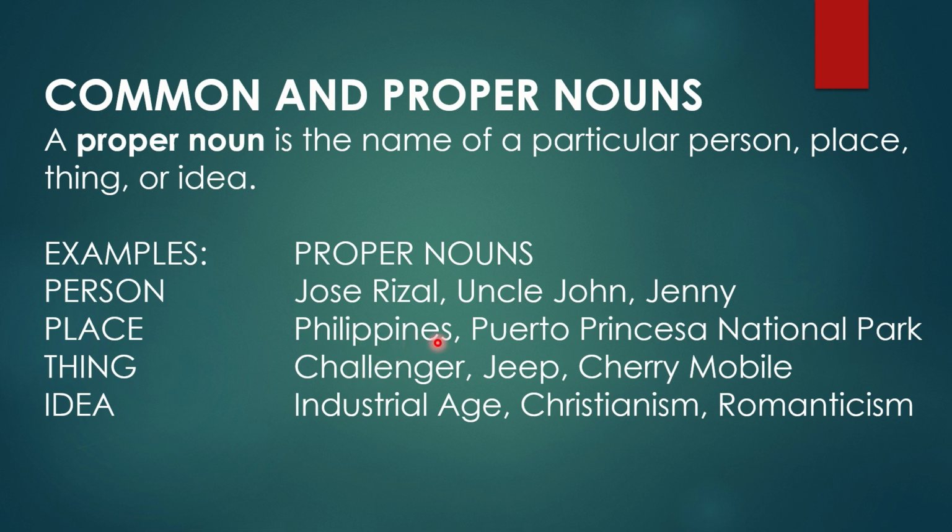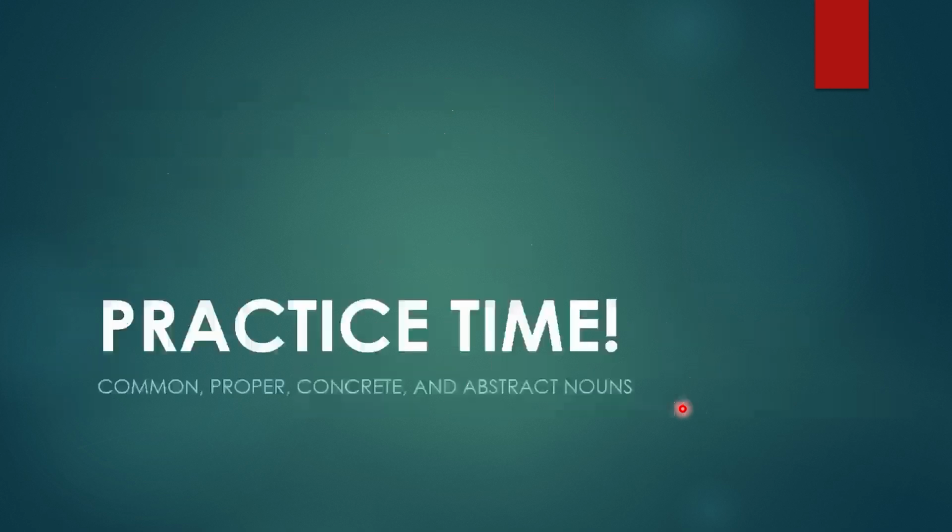Place: Philippines, Puerto Princesa National Park. So when we talk about countries, it is always written with a capital letter at its beginning. Thing: Challenger, Jeep, Cherry Mobile, like brands. An idea: industrial age, Christianism, and romanticism. Take a pause, absorb, and accept.